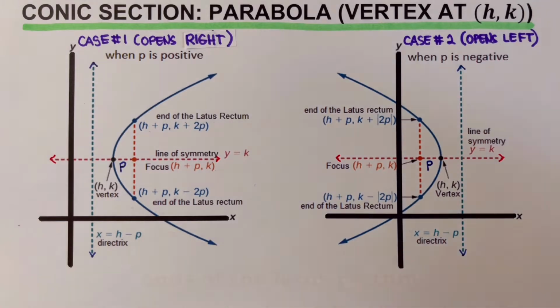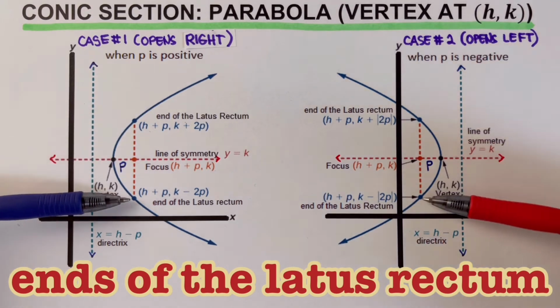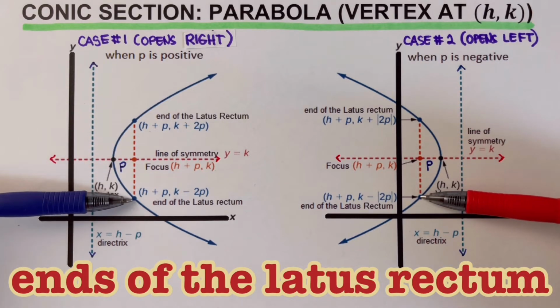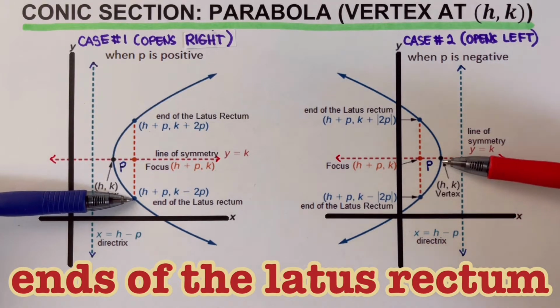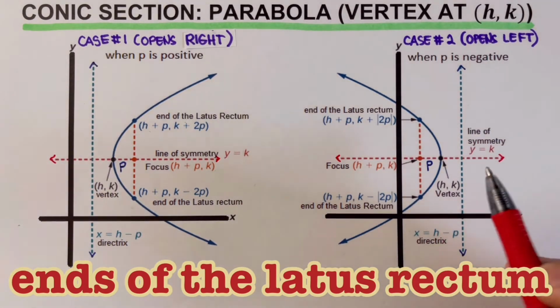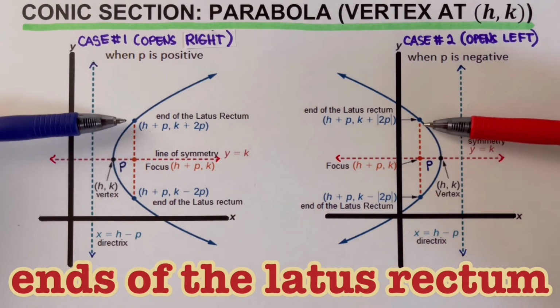Another part is the ends of the latus rectum. So these 2 points that we have here are the 2 ends of the latus rectum. We need these 2 ends in order to graph the parabola from the vertex. Now we remember that the distance from the focus to one end of the latus rectum is 2p.